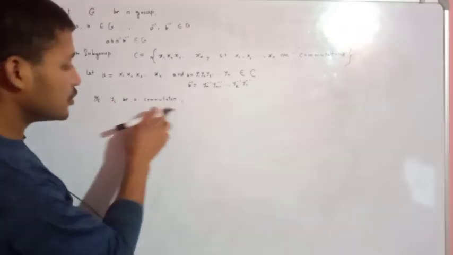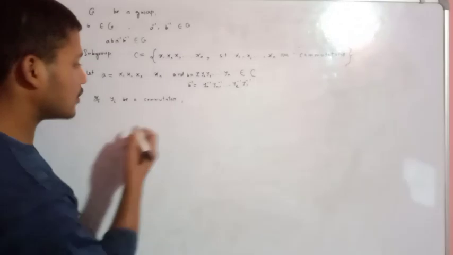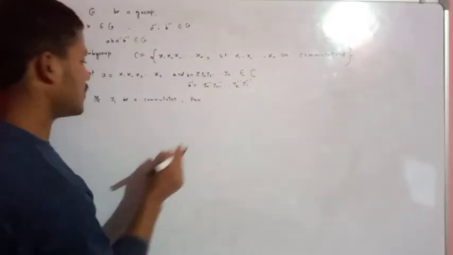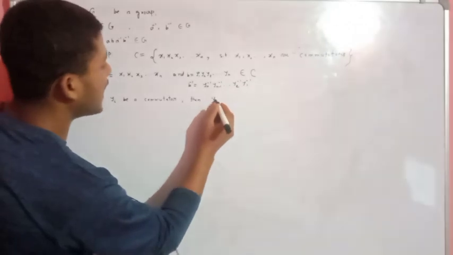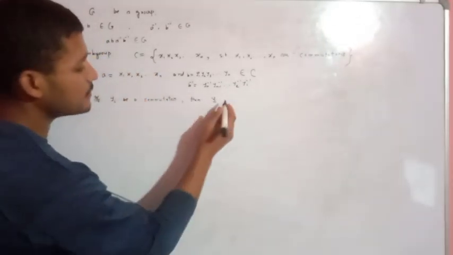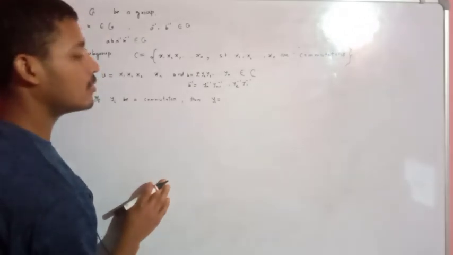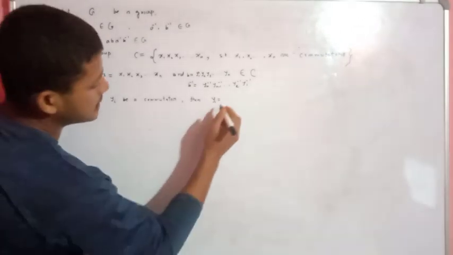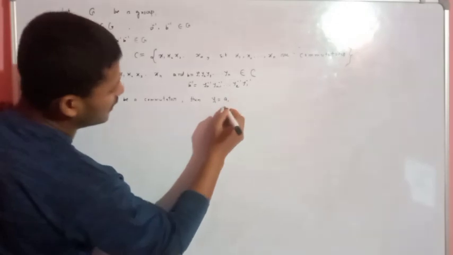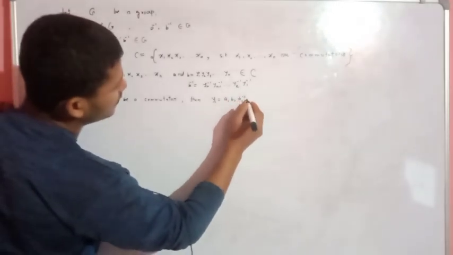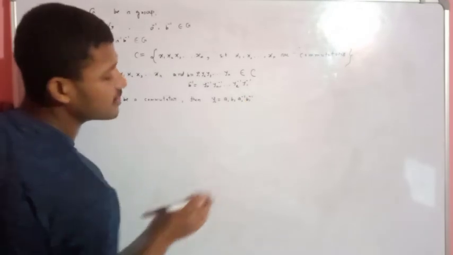So yi is a commutator, and this can be written as A1, B1, A1 inverse, B1 inverse.